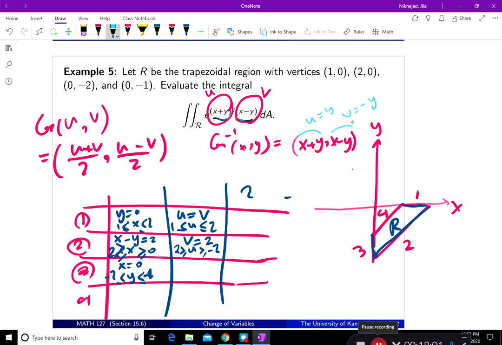Therefore, u equal to negative v, or v equal to negative u.